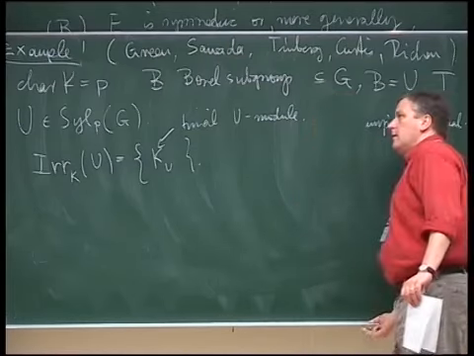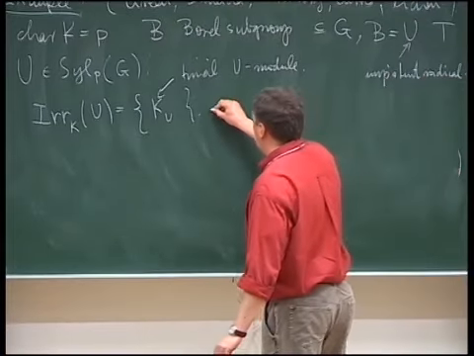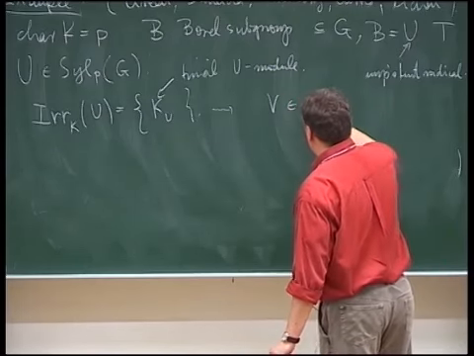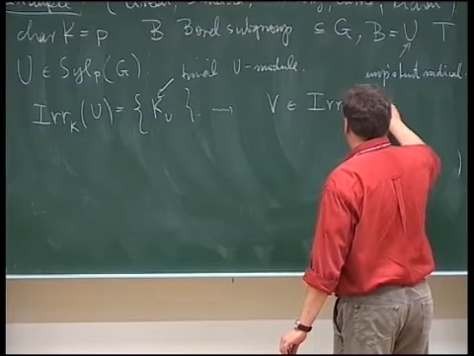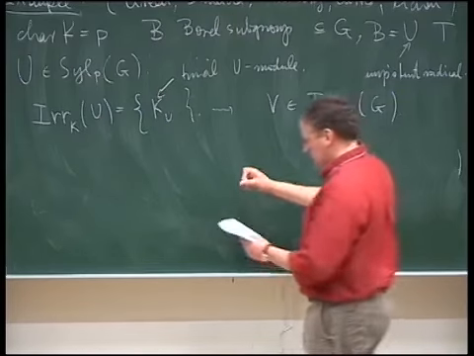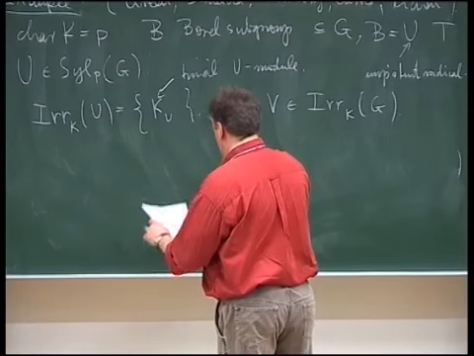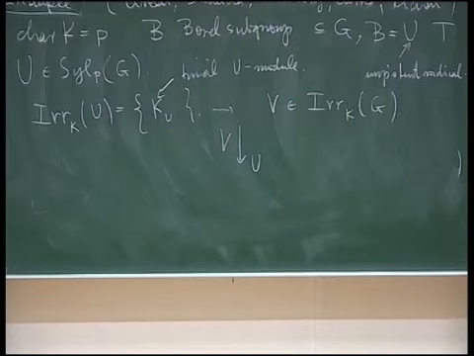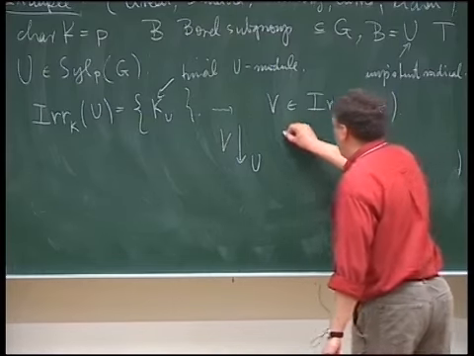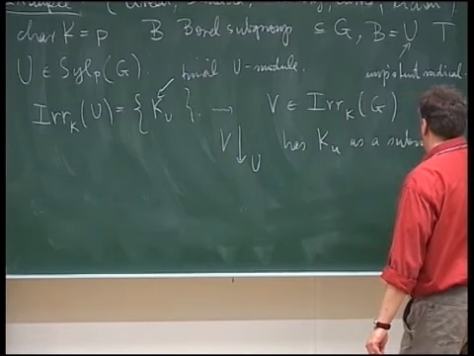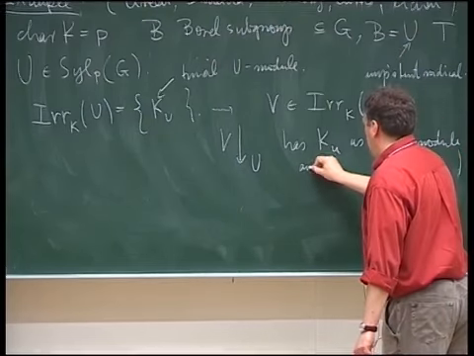And actually, an easy consequence of this is that if you consider any irreducible representation V of G, and if you restrict it down to this U, it will have this trivial module as a quotient and as a submodule.